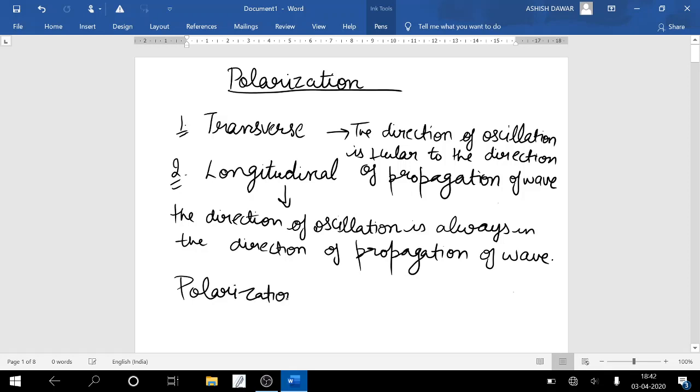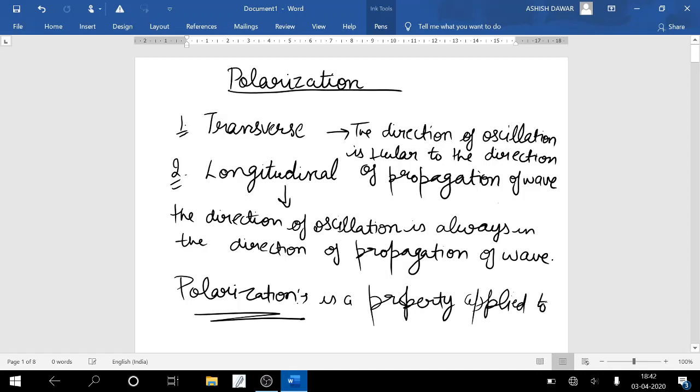So polarization is a property applied to transverse waves.